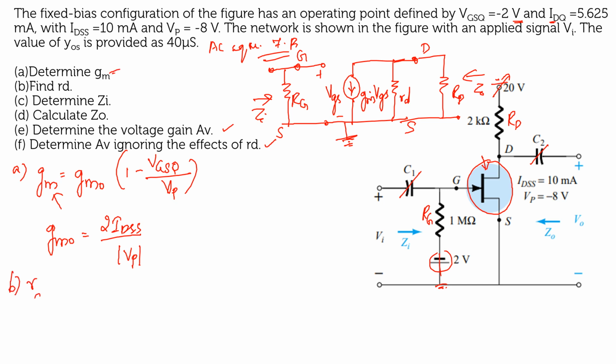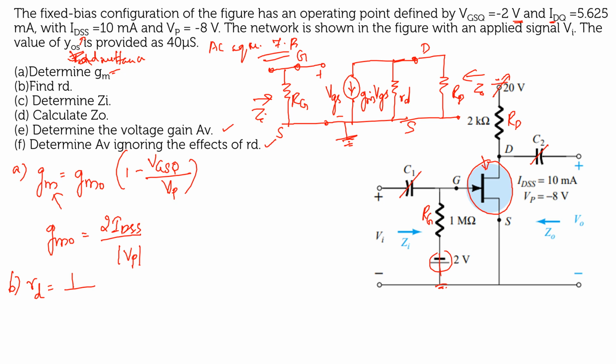Second one, you have to find out your rd, that is your resistance rd, which is nothing but your output impedance, right? You have a clue given in your question, YOS is equal to 40 microsiemens. So what is your rd? YOS is nothing but your admittance, right? O represents your output and S represents your source terminal.